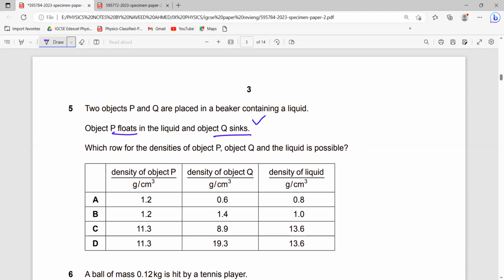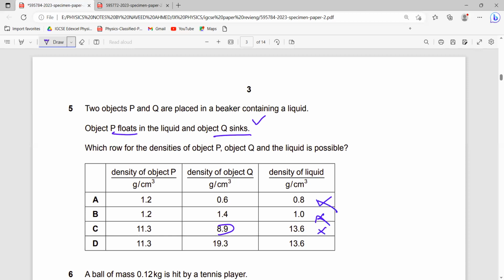Here we can see this density in the third column is less than the density of P, so this is not possible. Similarly, the density of the liquid in the next option is again less than the density of P, so it is not possible, because the density of the liquid should be greater as object P can float. 13.6 is greater than 11.3 and also greater than 8.9, but because Q can sink, the density of Q should be greater, so this is not possible.